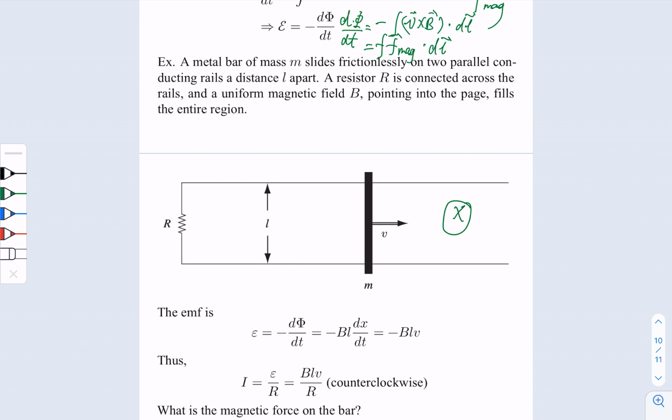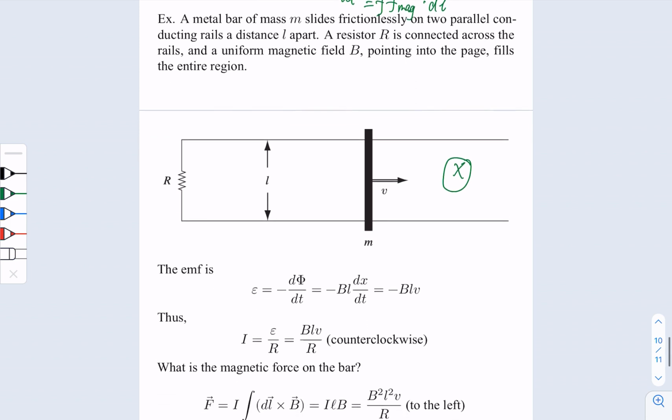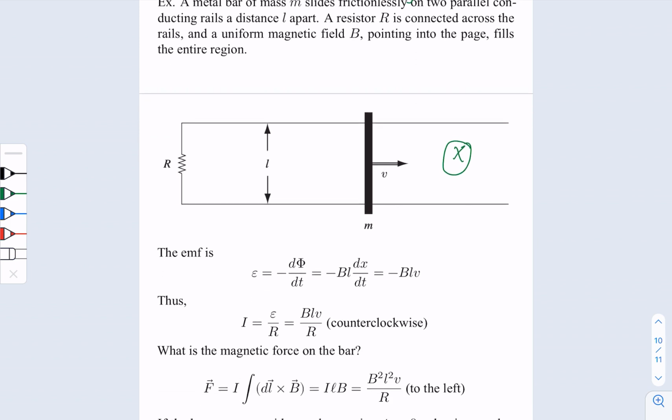We will talk about this later, but using Lenz's law, or strictly following the derivation of the change of flux, you can always figure out the direction of the current flow. Let's skip it for the moment and assume that it goes counterclockwise here.